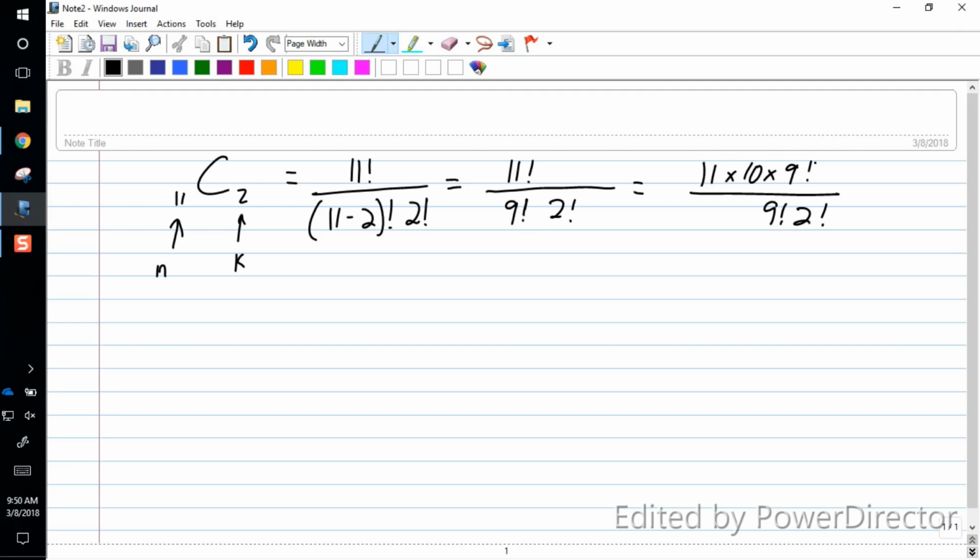And then these cancel out. And so all I have is 11 times 10 divided by 2 factorial. 2 factorial is 2 times 1. So that is 110 divided by 2, or 55. So there's 55 unique two-person groups that I could make in this class.